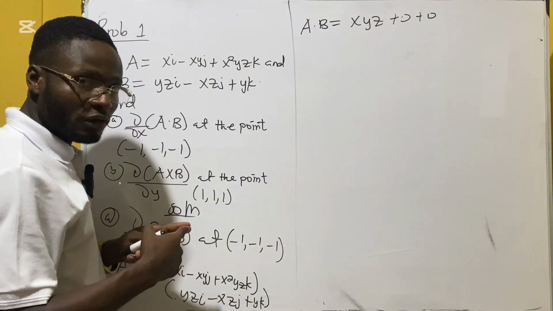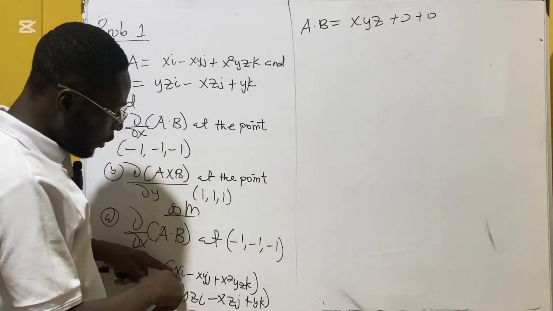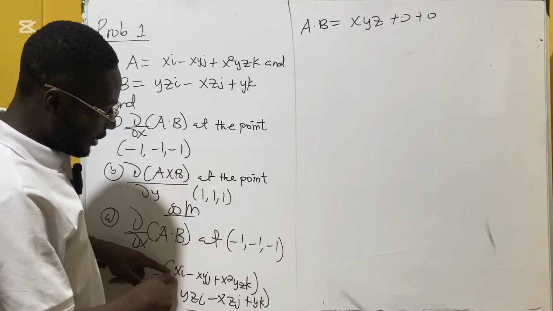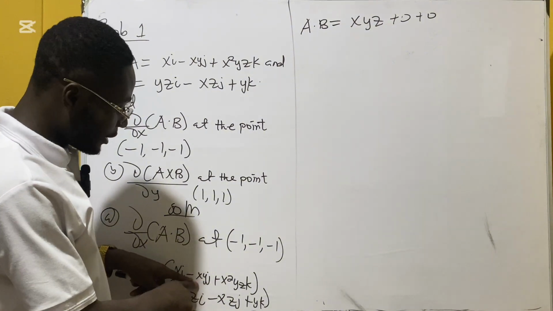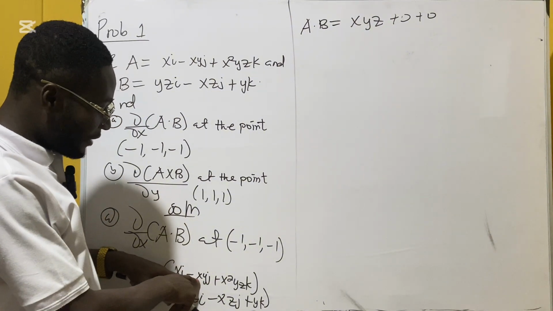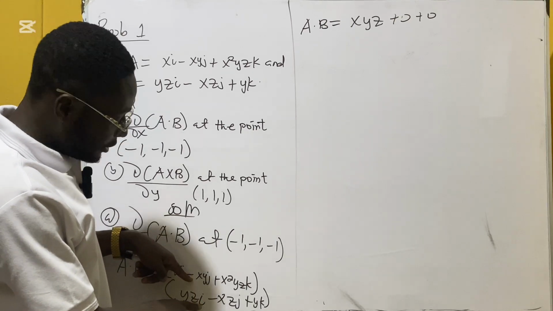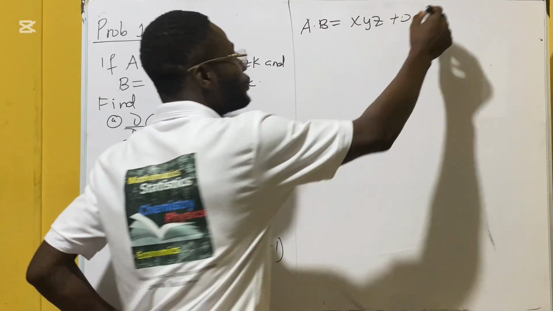Dot of that is 0. Okay, and now we are done with the first set. Let's come to the second part. So negative xyj times yzi is also 0.